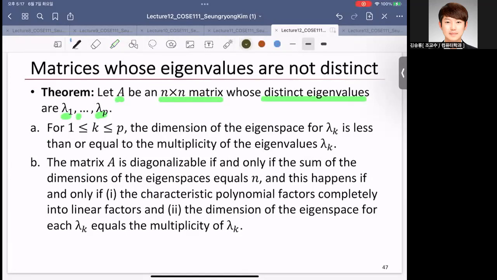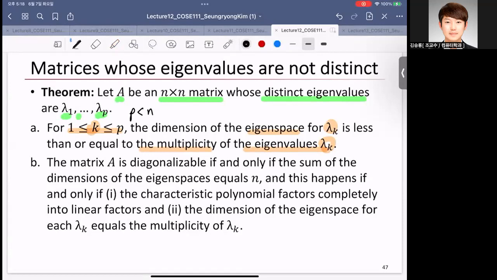First of all, for k greater than or equal to 1 and less than or equal to p, the dimension of the eigenspace for lambda k is less than or equal to the multiplicity of the eigenvalue lambda k.